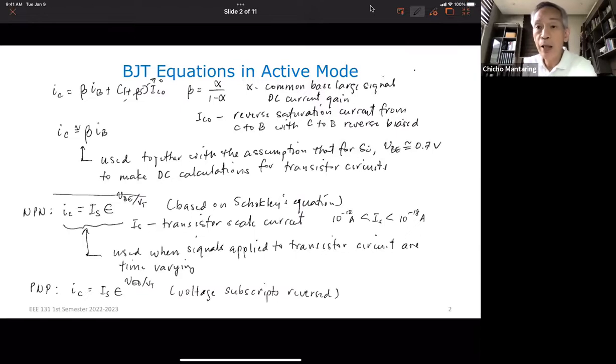Remember that for a PNP, the directions of currents are reversed and the polarities of the voltages are reversed.